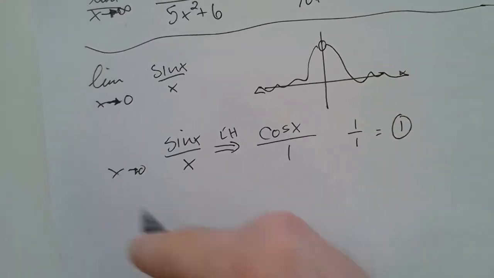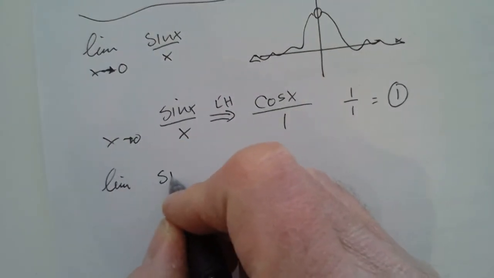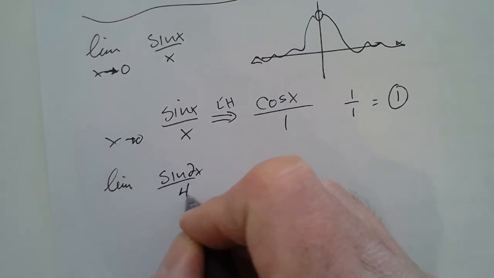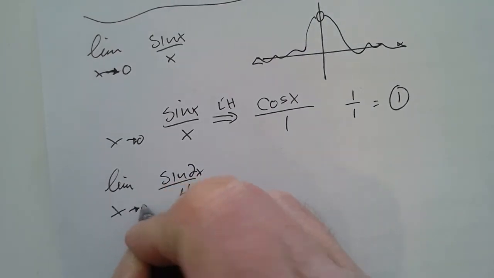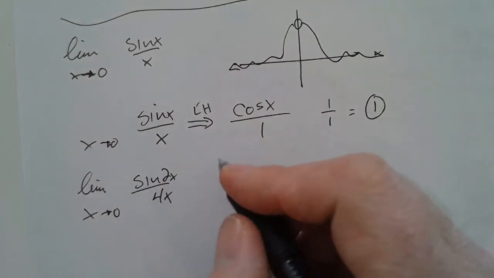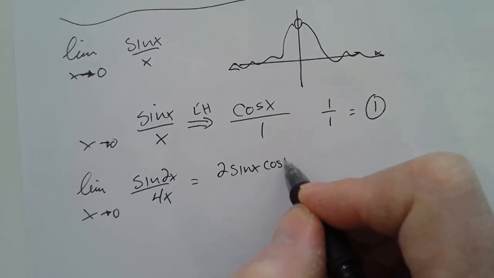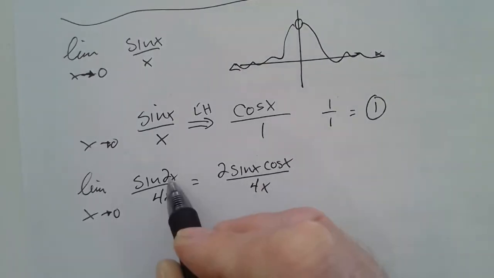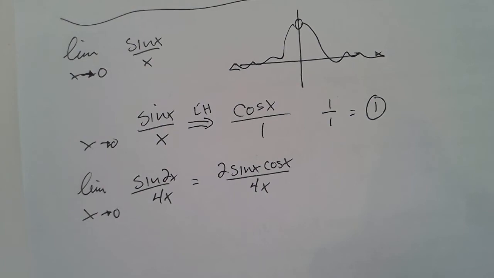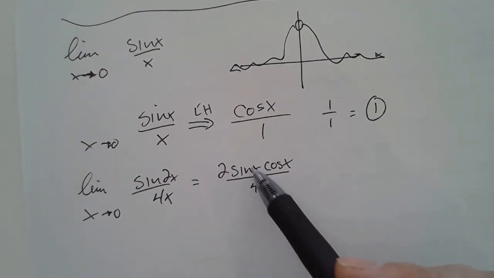Same type of problem if I had sine of 2x over 4x as x goes to 0. The old way would be, well, sine of 2x, that's 2 sine x cosine x. That's the double angle formula for sine. And then we were searching for sine x over x's.